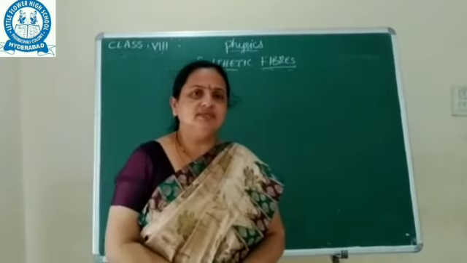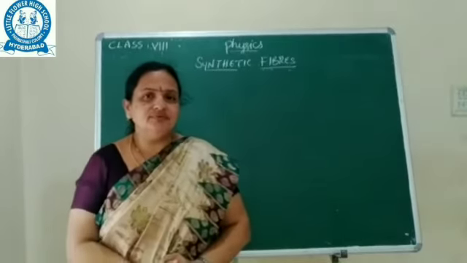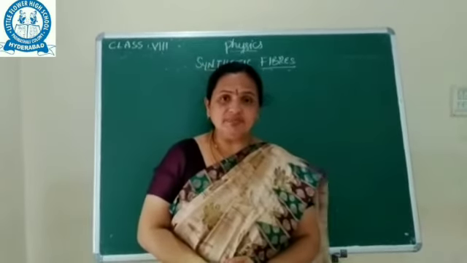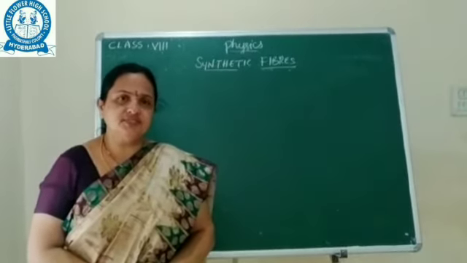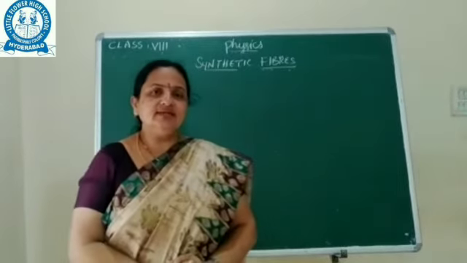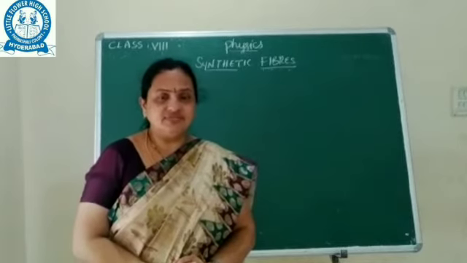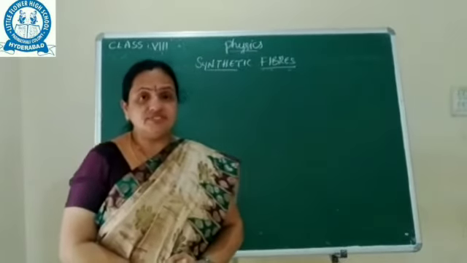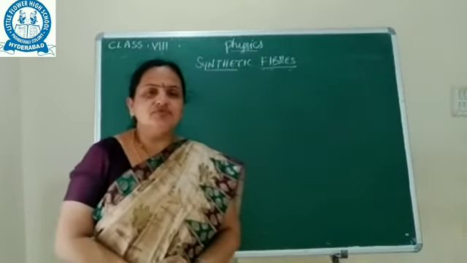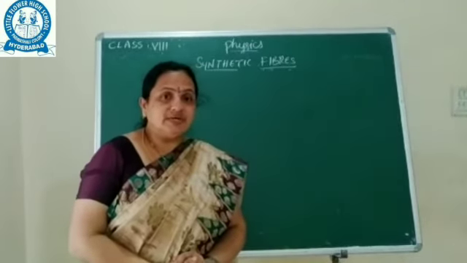Physics teacher Kavitha. In our day-to-day life, we are seeing so many types of fibers. Fibers means thread-like structures. We get thread-like structures naturally and some artificially. Naturally, we get them from vegetables, leafy vegetables, fruits, and also from animals.